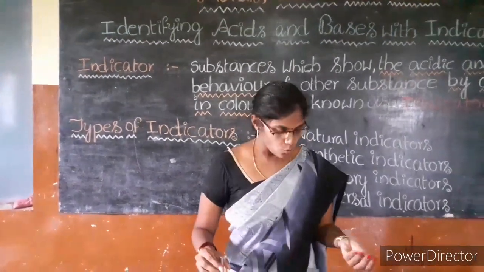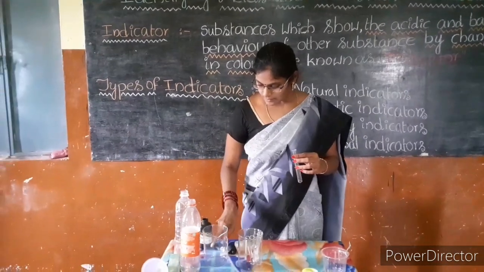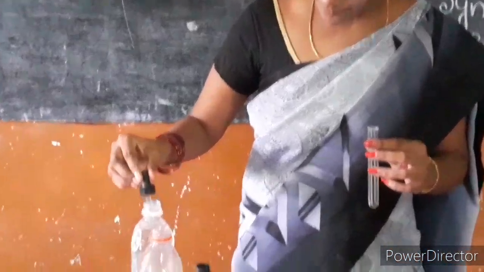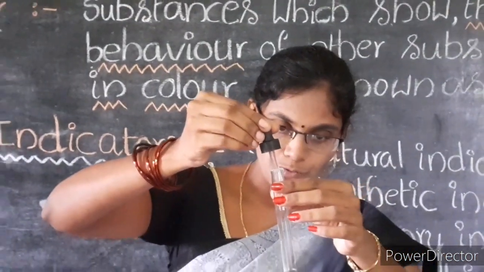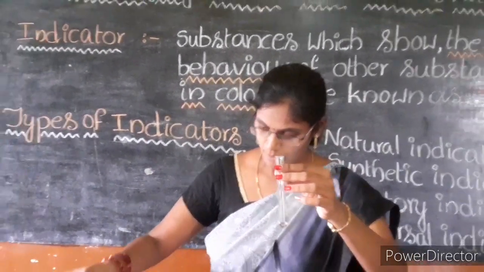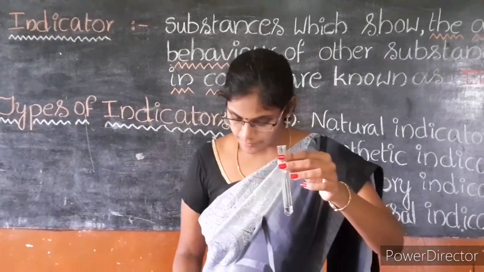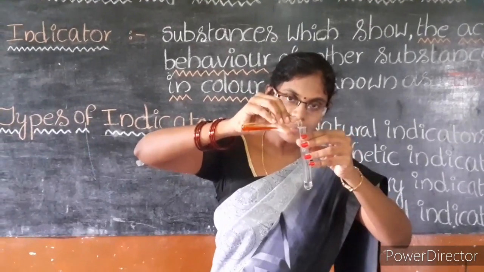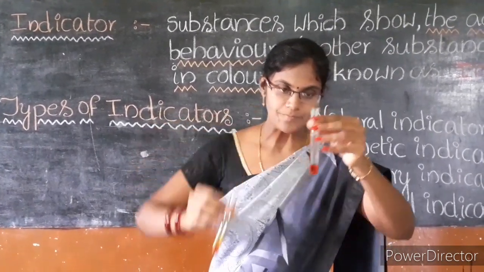And I am taking one more test tube and pouring a few drops of vinegar into the test tube, and adding a small quantity of methyl orange to this solution.